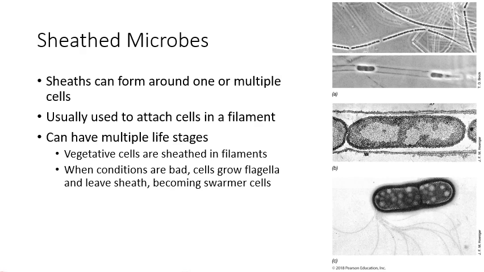And then whenever things get kind of bad there, like maybe nutrients are running out or something's going wrong in the environment and it's not a nice place to live anymore, then you're going to have cells at the end of those filaments growing flagella and becoming swarmer cells and leaving the sheath. So that's what's happening right here. This is a swarmer cell that is leaving the sheath. And if you zoomed in on that guy, you would see the flagella that he has grown.